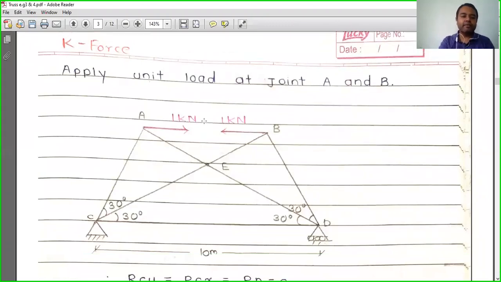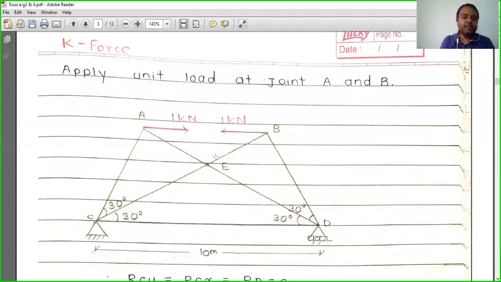Now come to the K forces. K force analysis means what we are going to do? In K forces, the first step is to remove the external applied force. At E there was a 100 kN external force, so first I'll remove that force.